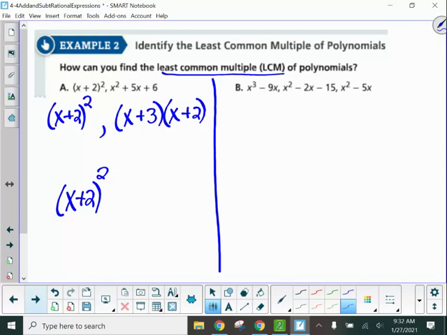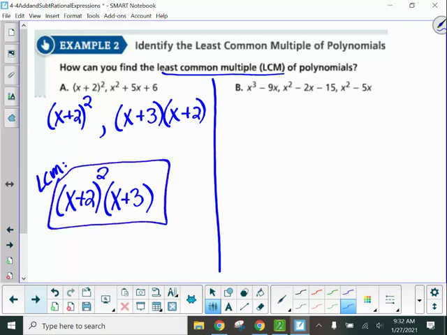Because I can multiply the x plus 2 by an additional x plus 2 to make it squared, but I can't multiply the x plus 2 squared by something to make it to the first power. I would have to divide, and that wouldn't actually work out here. The only other factor that is unique is the x plus 3. So my least common multiple is x plus 2, the quantity squared, times x plus 3.